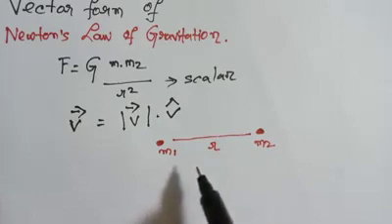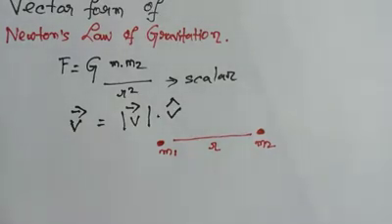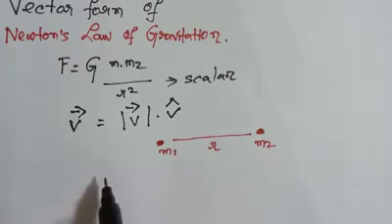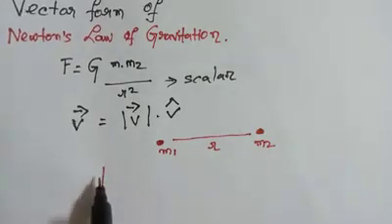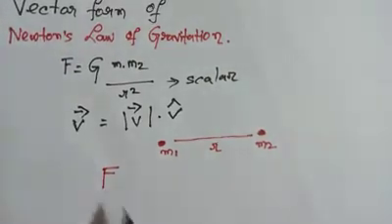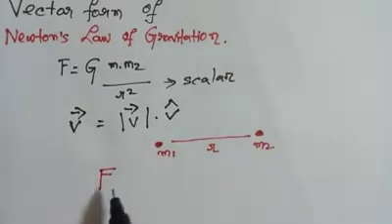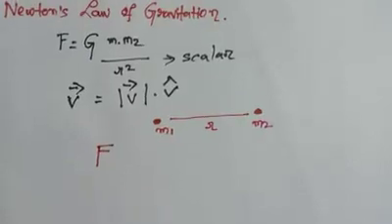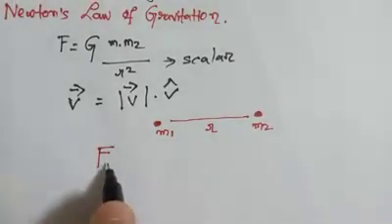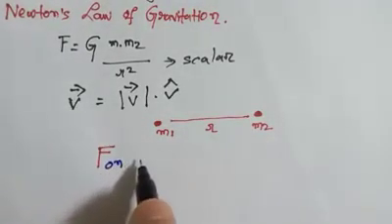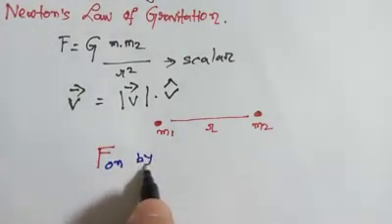Now there is a convention of writing force in vector form. The convention is we write F to represent force and we write two subscripts, which for convenience I'm writing as on and by.